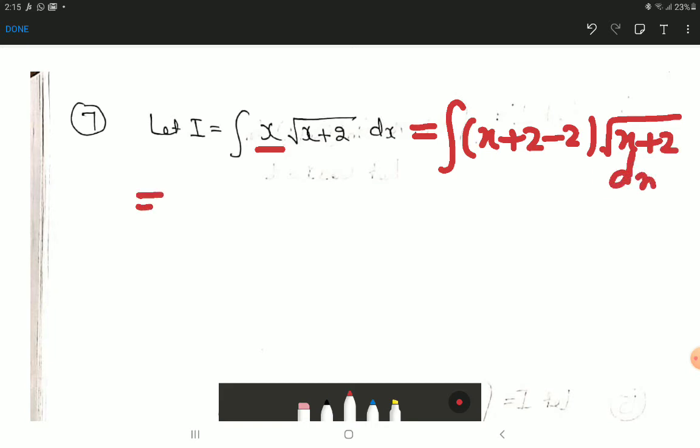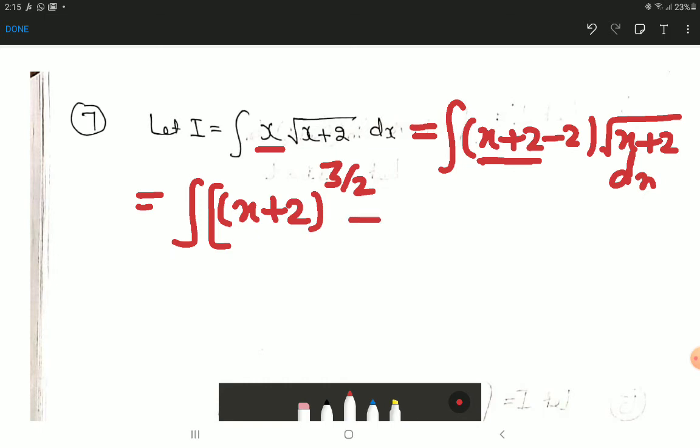Now we can multiply to some extent. x plus 2 into root x plus 2 will be (x + 2) whole power half plus 1, that is 3 by 2. Here we have (x + 2) whole power 1 into (x + 2) whole power half. It will become (x + 2) whole power 3 by 2 minus 2 times square root of x plus 2.